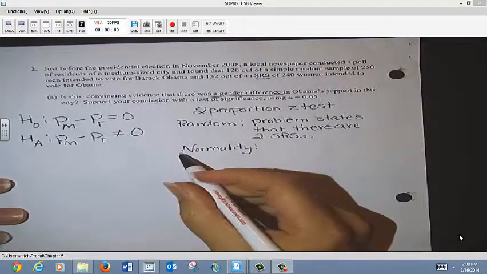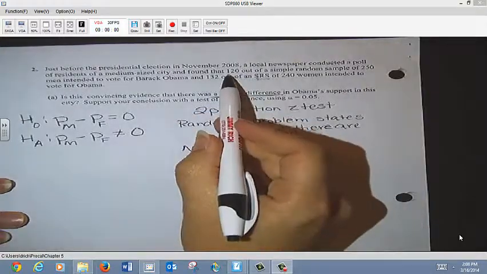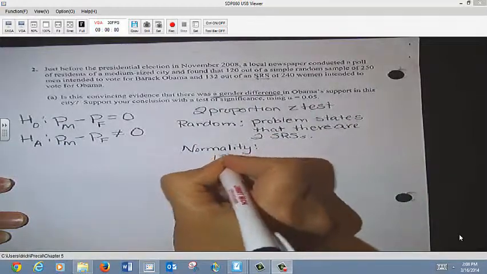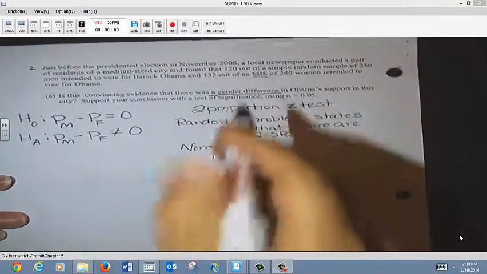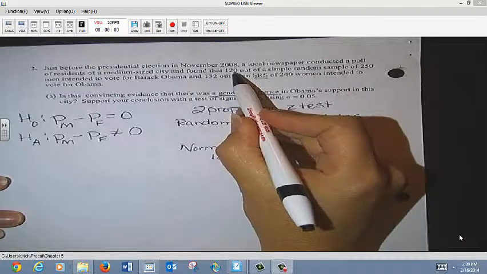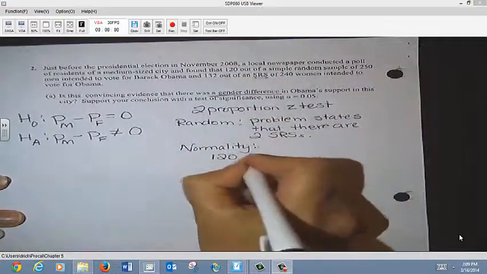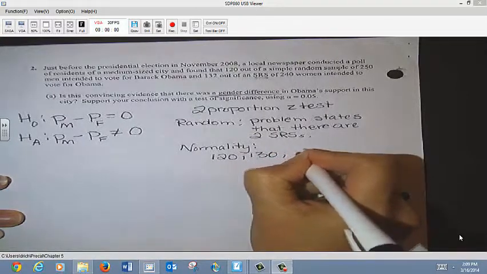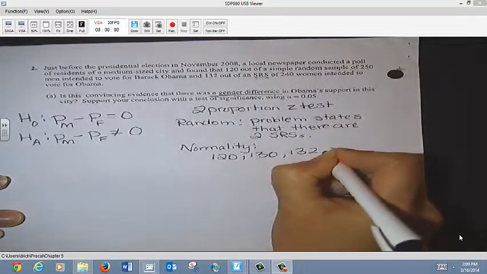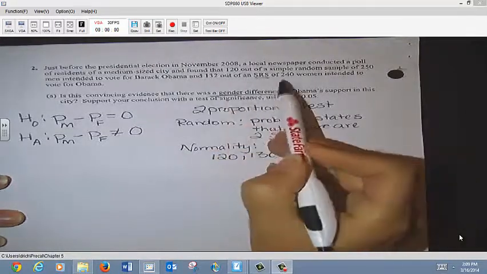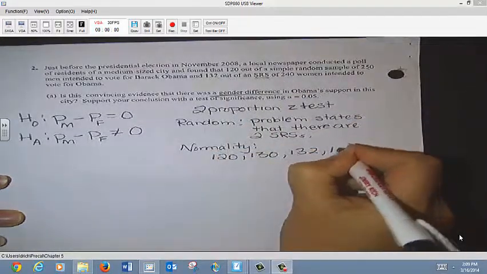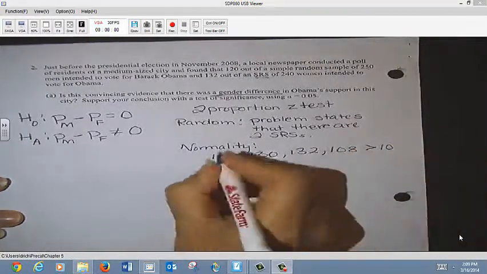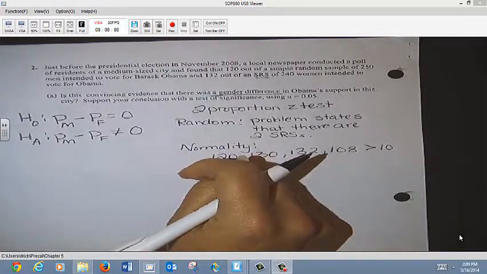We have here 120 men, and if we do 250 minus the 120, that would be 130, our number of failures for men. 132 women, and subtract that from the sample size of women, and 108, the number of failures, are all greater than 10. So we can assume approximate normality, or the normality condition is checked.